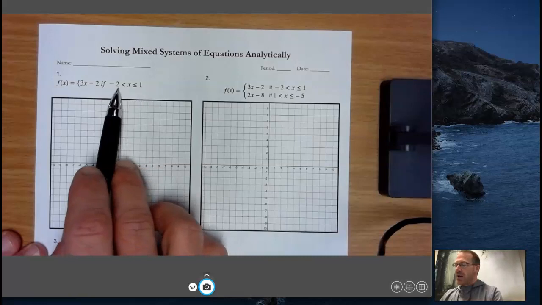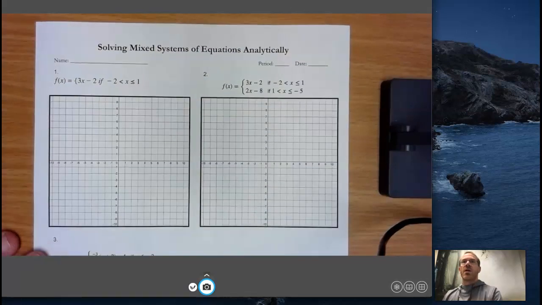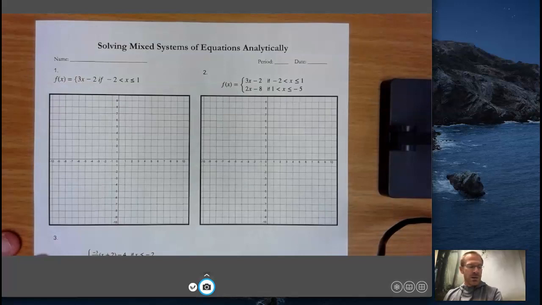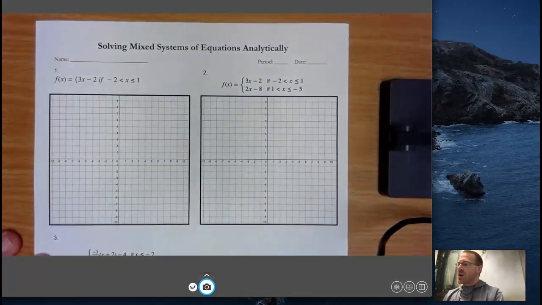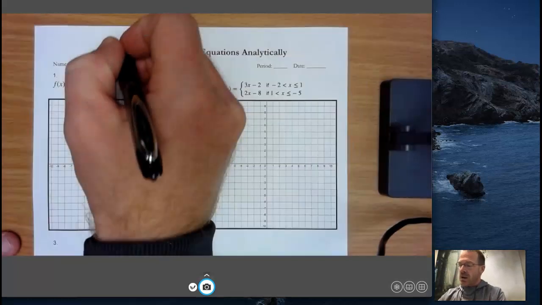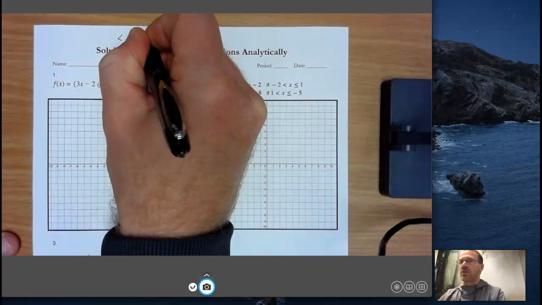All right? So now if I plug -2 into my function here, I get 3 times -2, which is -6. -6 minus 2 is -8. So I'm going to start at (-2, -8). Now here's the thing. It's a less than symbol. So just like when we do inequalities, we know that typically when I have less than or greater than, we have an open circle.